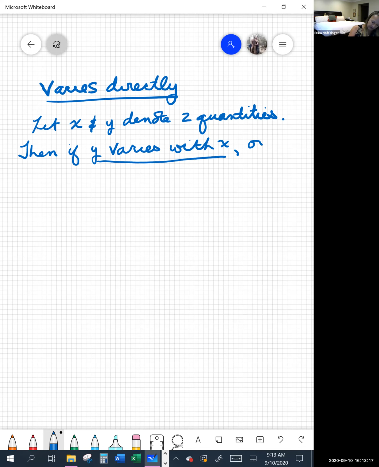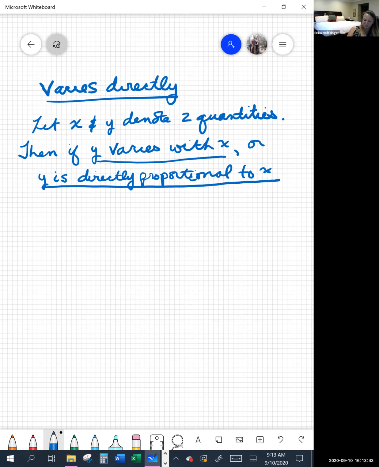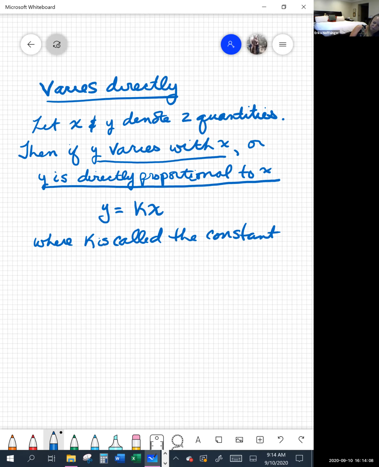Or another way you might hear it is Y is directly proportional to X. Then you're going to write your equation the following way: Y is equal to K times X, where we say that K is called the constant of proportionality.